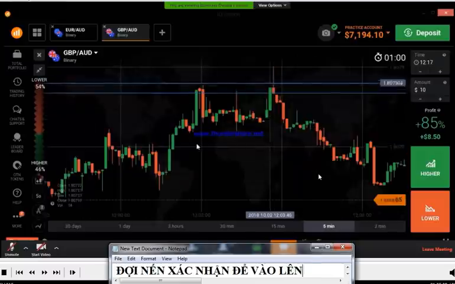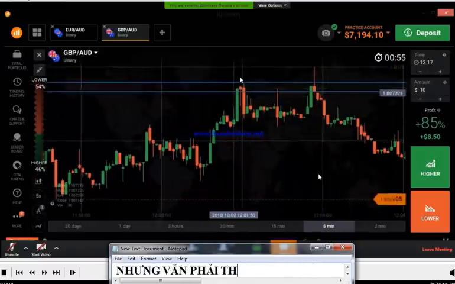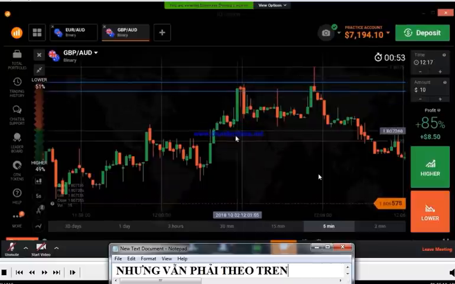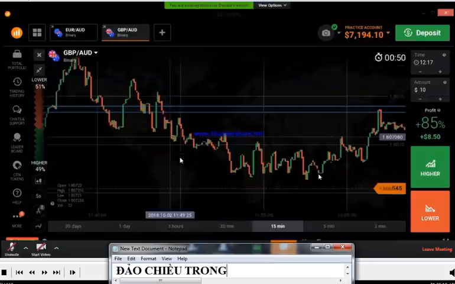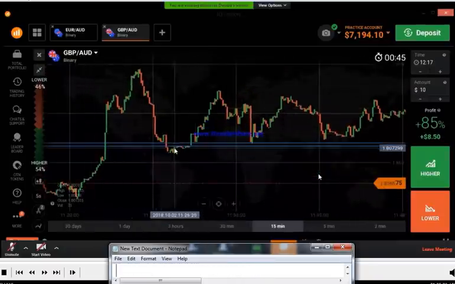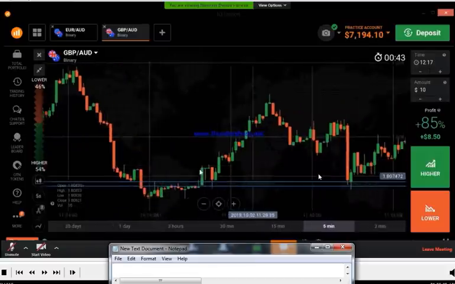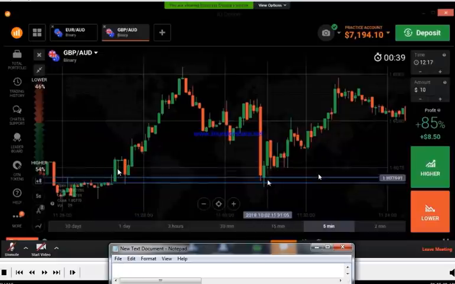So you can see when the market comes to this level, sellers entered here. Again, this is an uptrend, it breaks this level, and again there is no good confirmation. You can see the good confirmation here.